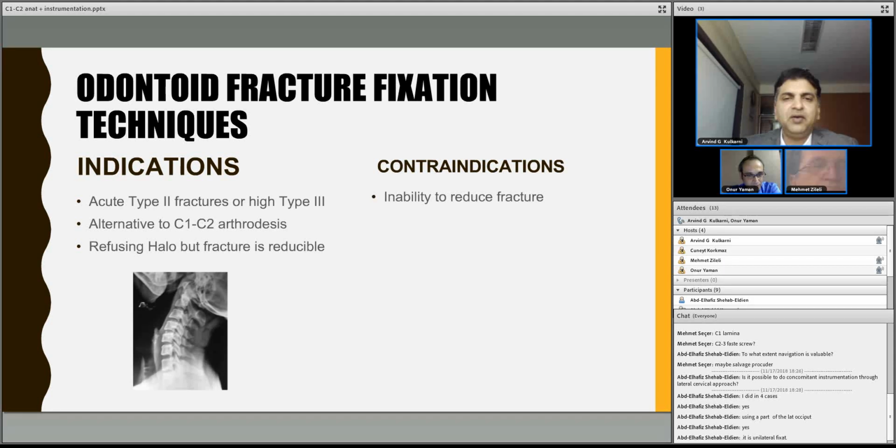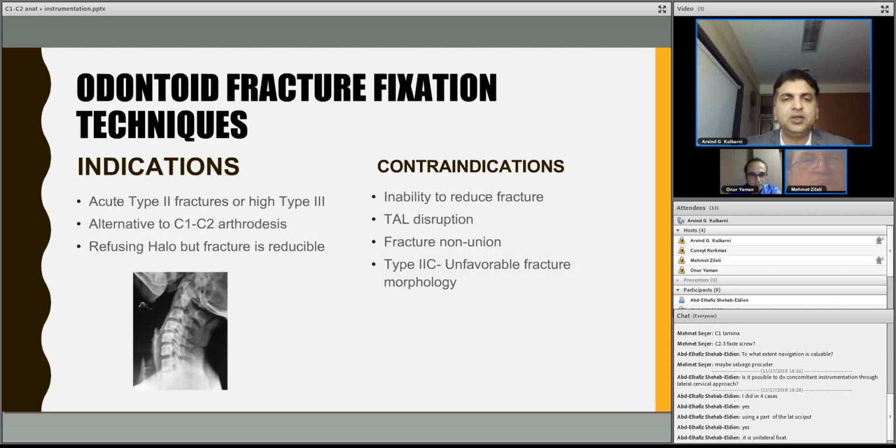So that is where we do it. Contraindications: if you're not able to reduce the fracture on table, then you have to do a C1, C2 fixation. If there is a transverse ligament injury, then we need to do a C1, C2 fixation. If there is a non-union, if it is an old odontoid fracture, you cannot do osteosynthesis, then you need to fuse the C1, C2 joint.